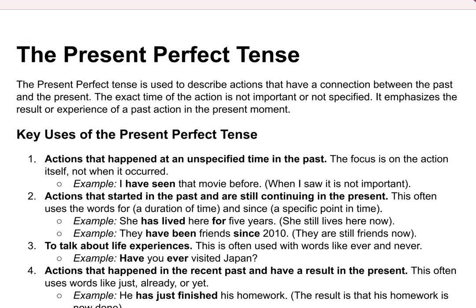The main motive is that when I make a video, I explain every tense and every structure briefly. That is very important.